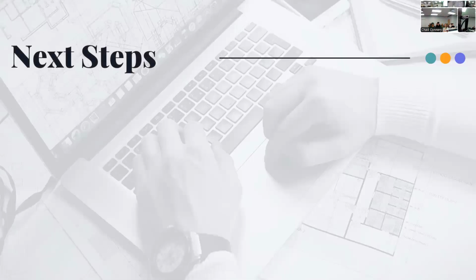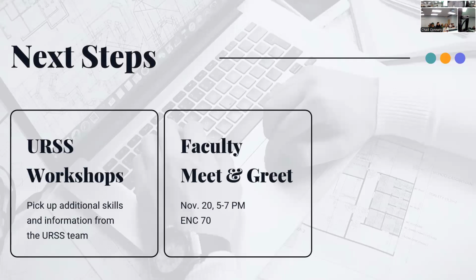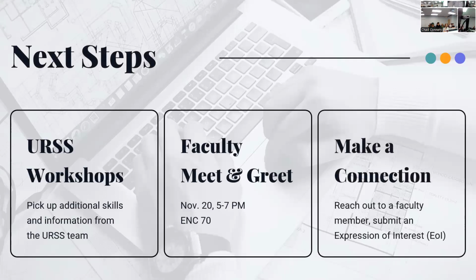Okay, so in terms of next steps, these are the different things. I would highly recommend that you attend, for the student side, the URSS workshops. There are a bunch of workshops on how to approach a supervisor and how to talk to a supervisor about your research topic.